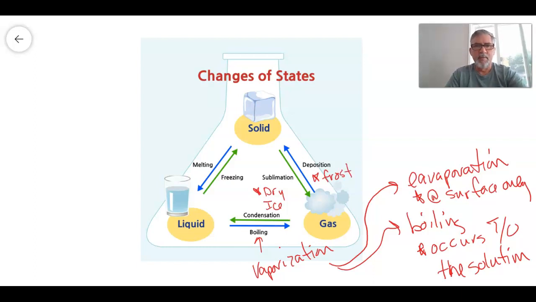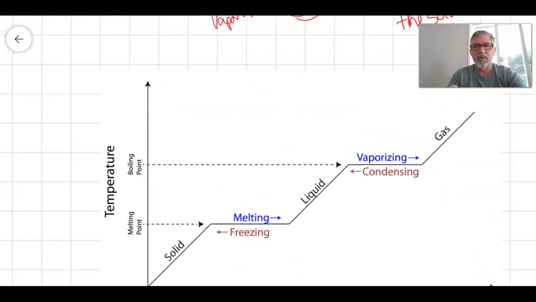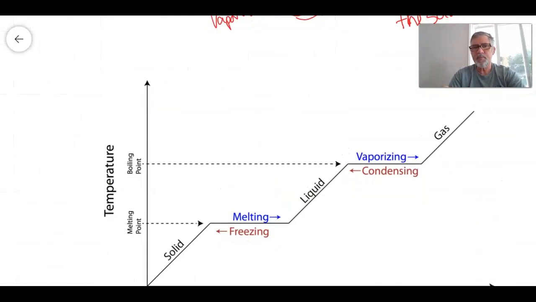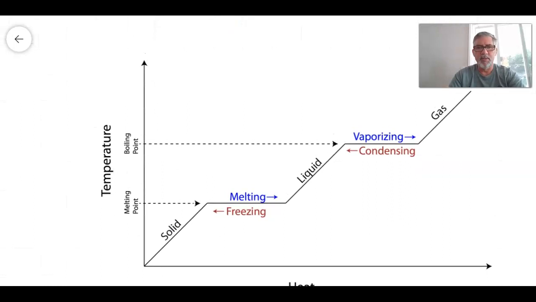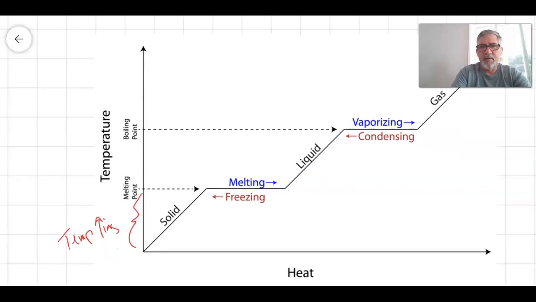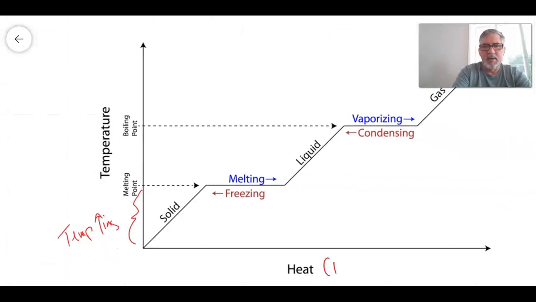Another way to look at what I talked about above is with what they call a heating curve, and you're going to do this in your lab this week. So at this point here, we have solid. This is temperature increasing. This heat down here is kinetic energy.